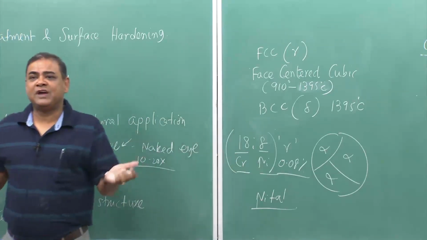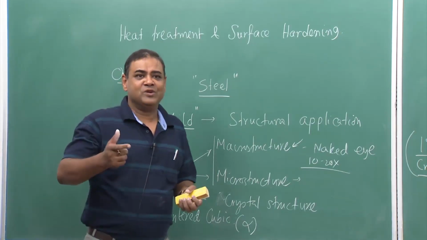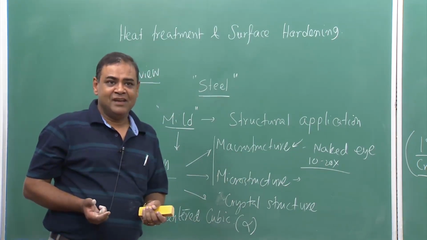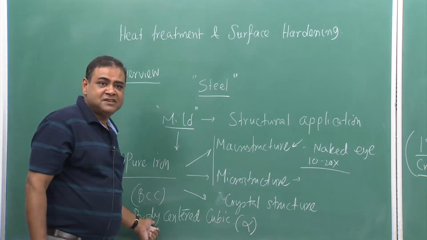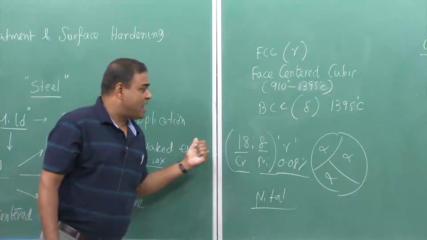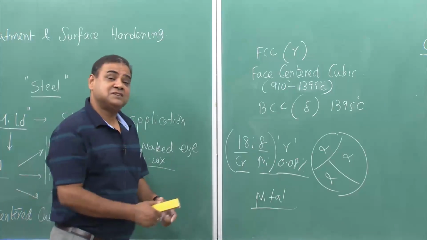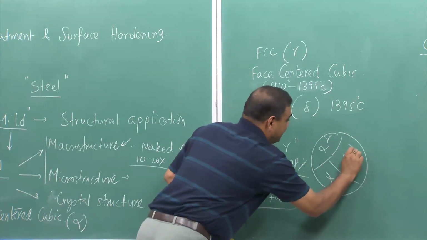That means, as we have told, if we change the composition, we can have a change in structures. We can see the change in structures means change in crystal structures. And now, when we change the composition from gamma to alpha, the microstructure would be almost similar like this, but only thing it will change to gamma.